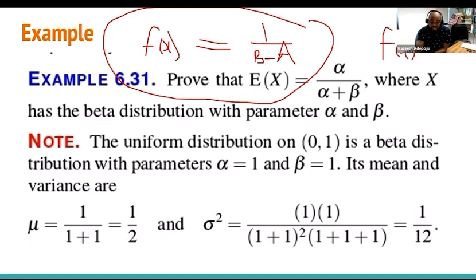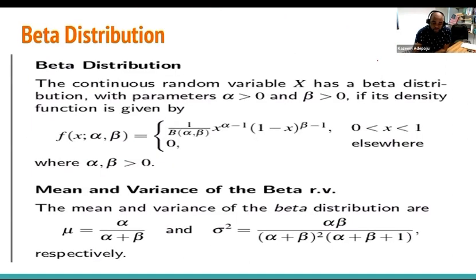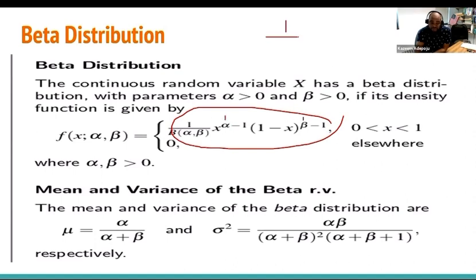So what I'm trying to tell you now is, if you go back here and you plug in 1, 1, you're basically going to have s raised to power 0. So you're going to have 1 over B of 1 and 1.